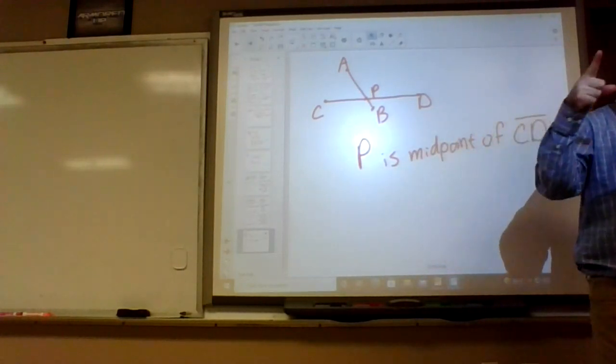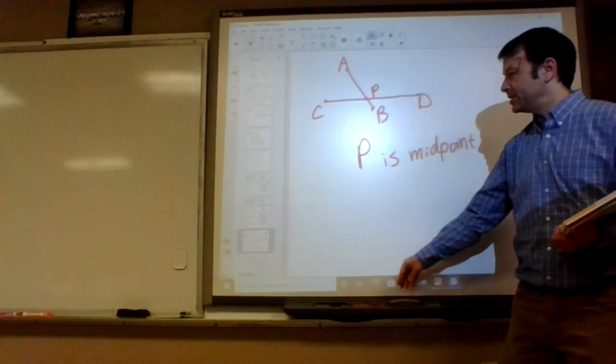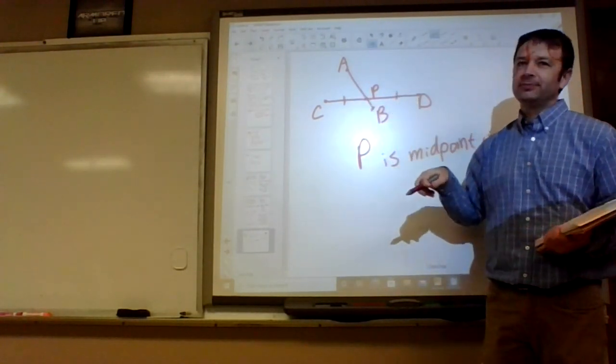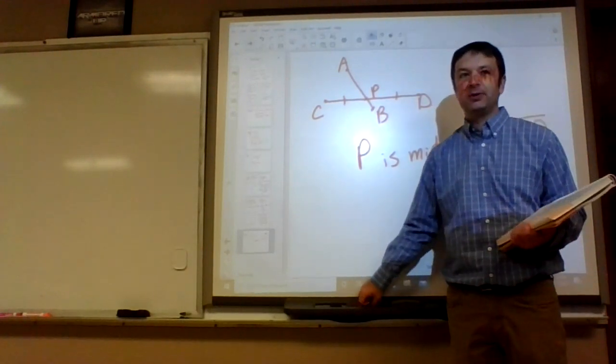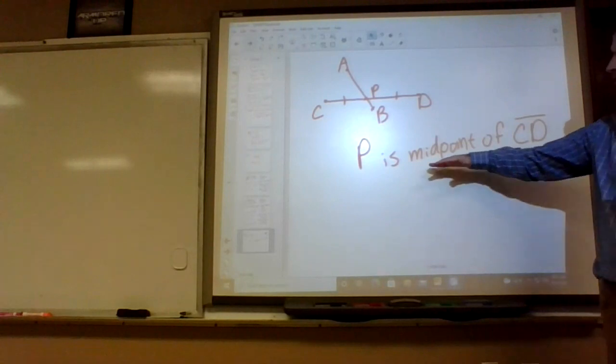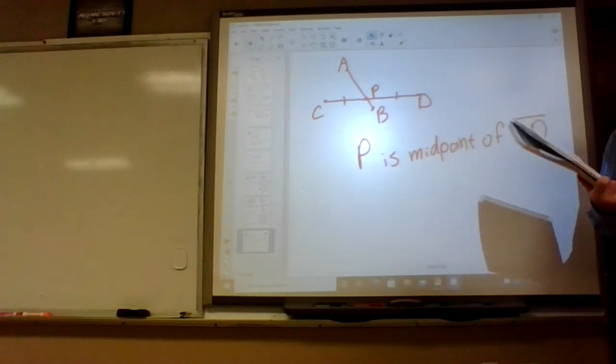And then the next line on the proof would probably be what? If P is in the middle, then what do we know? If P is the midpoint, then CP equals PD. That's the definition of midpoint. But we don't have to keep going, we just do this one. I'm just telling you, that's how it goes.